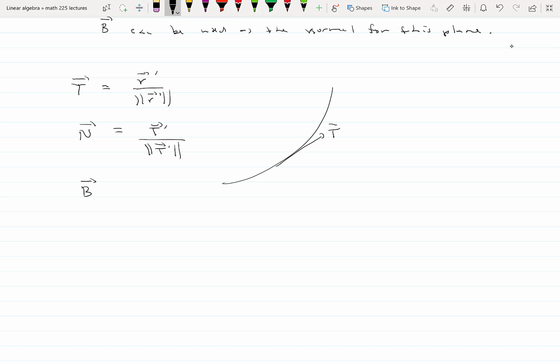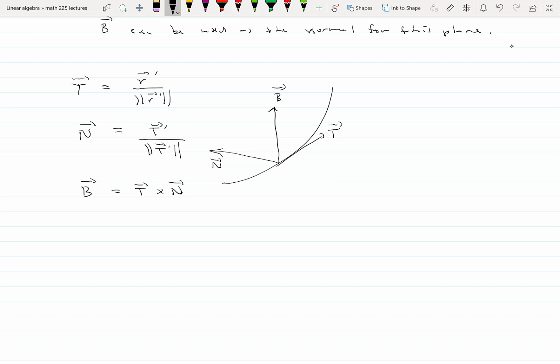Here's T. Here's N. Here's B. What do you suppose is the formula for B? B is orthogonal to both T and N. That gives it away. It's T cross N.